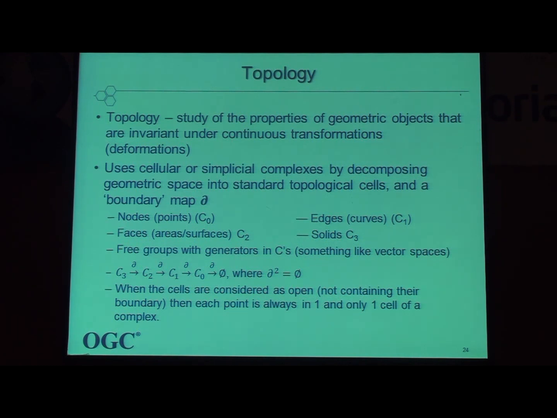And what you do in topology, and generally algebra, it's called algebraic topology. What you do is you break geometry up into primitives, points, lines, and areas, where the primitives no longer contain their own boundaries. So in the original geometry, a line always contained its endpoints.